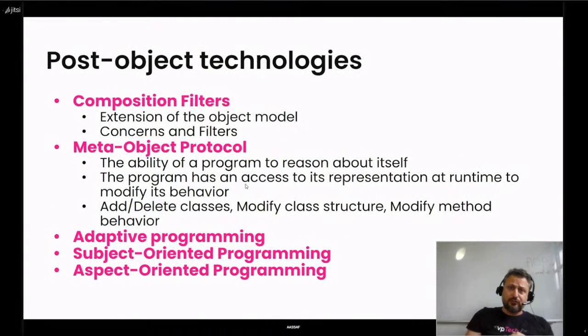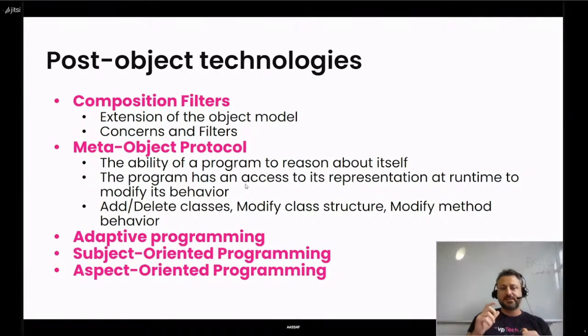So a lot of post-object technologies try to resolve this lack of modularization of cross-cutting concerns in object-oriented languages. We can cite composition filters, which is an extension of the basic object model, where we have these two concepts of concerns and filters. We have what we call the meta object protocol.